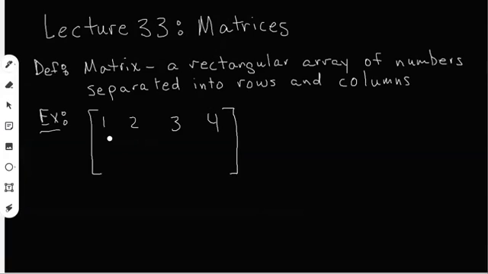And then we have 5, 6, 7, 8, 9, 10, 11, 12. Okay. So that's the first matrix we're going to look at. Now let's get to another definition.